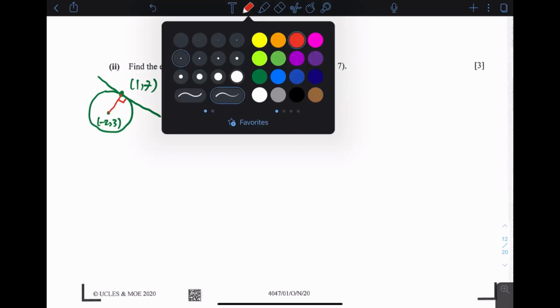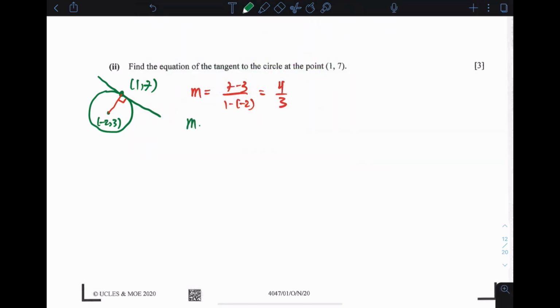That means the gradient of the tangent must be negative 3 over 4. This is gradient times gradient to be negative 1, perpendicular gradient.